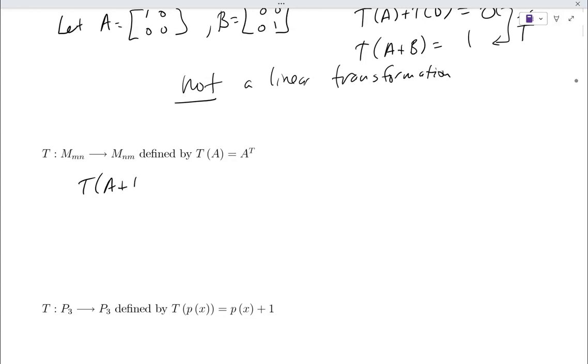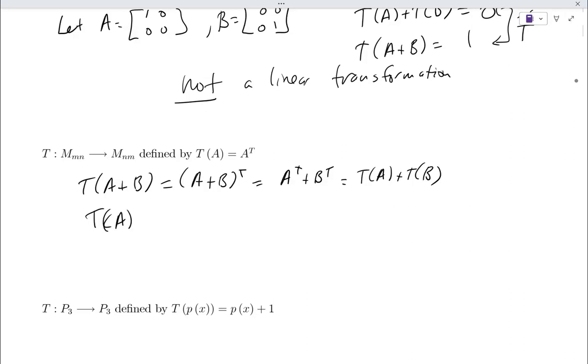If I do T of A plus B, that's A plus B transpose. The transpose breaks up over the sum, so you get A transpose plus B transpose. That is the transformation on both of those matrices.